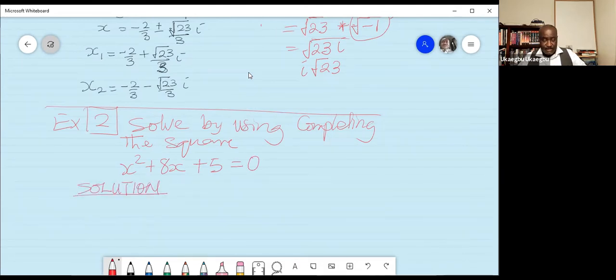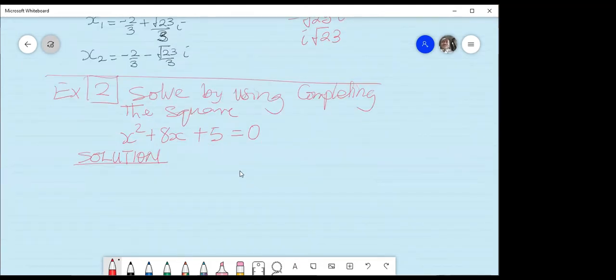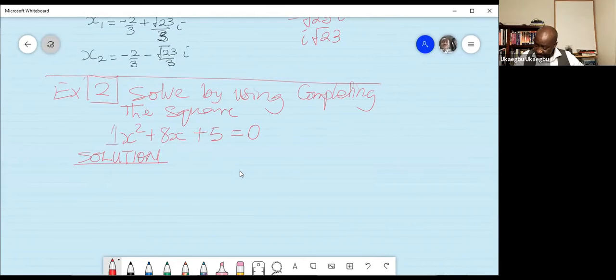What's the first step? Remember, the coefficient here is 1, right? So because the coefficient is 1, we don't really need to divide through by the coefficient of x squared.